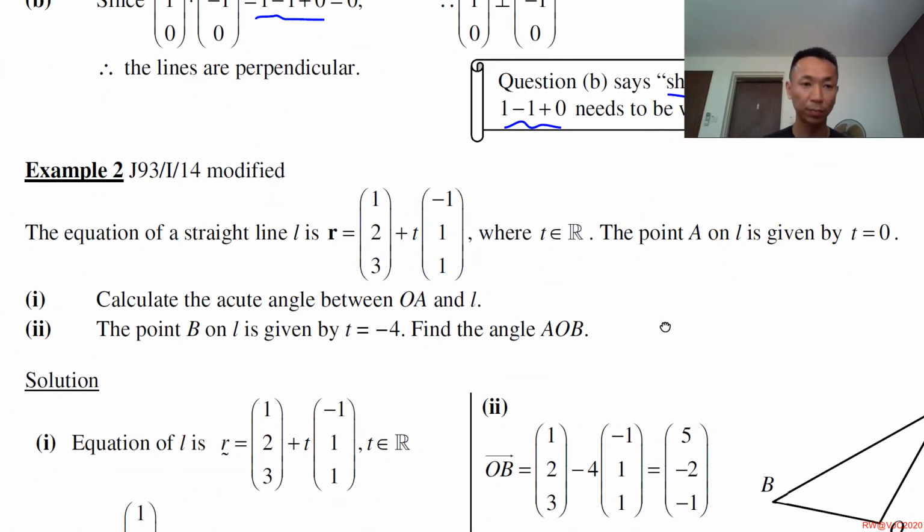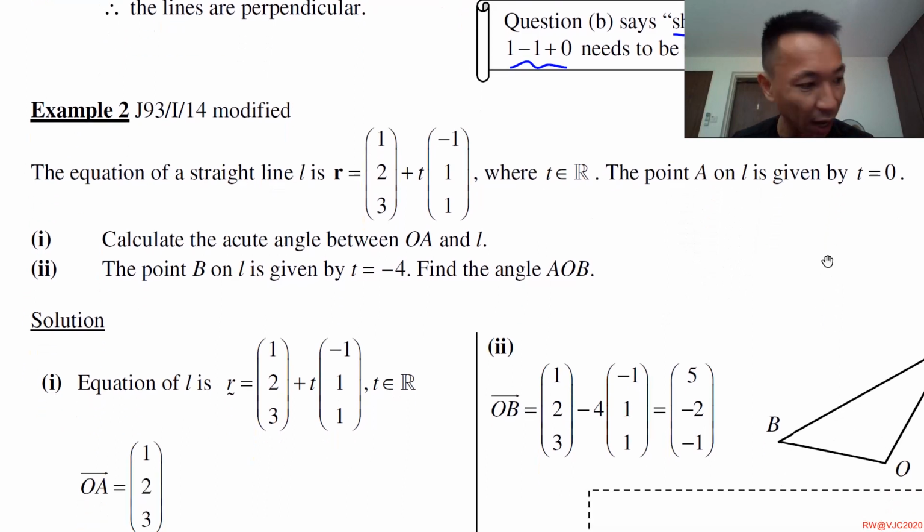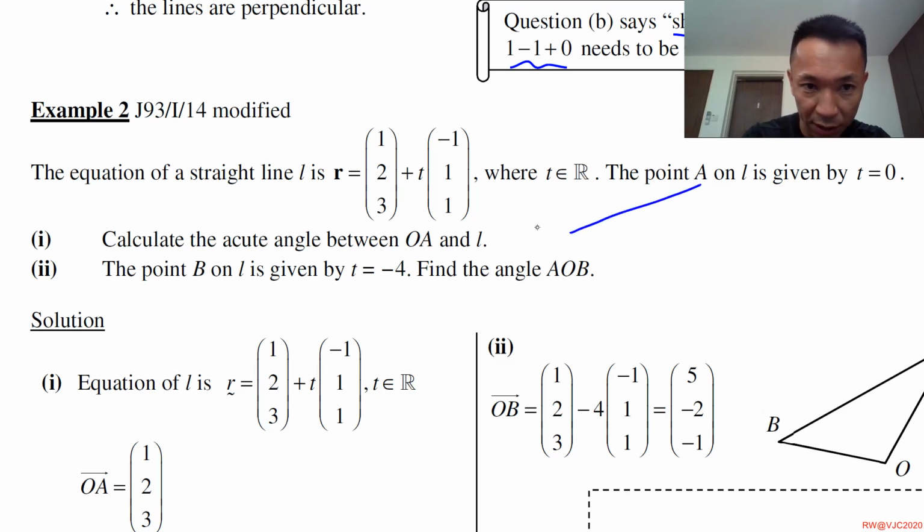All right, question 2. Example 2. An equation of a straight line is this. A point A on L is given by t equals 0. I think it's a good idea to practice doing a simple sketch. This is L, and a point A is here.